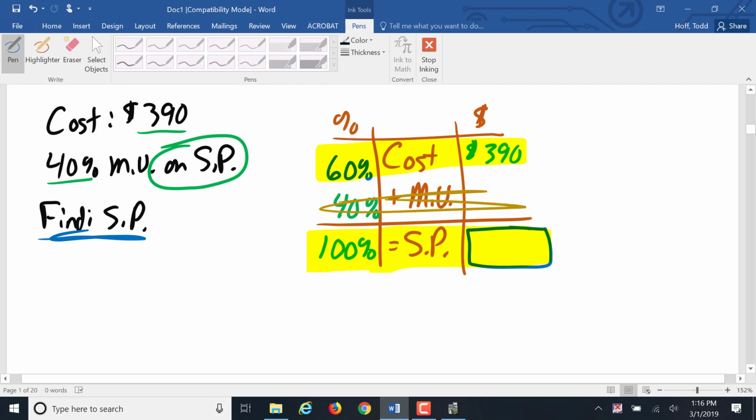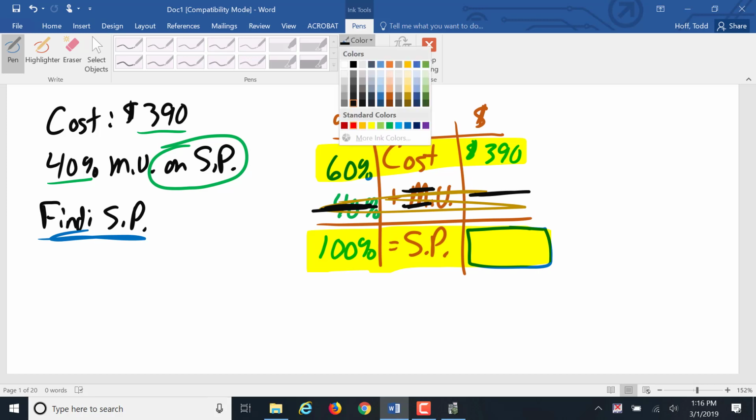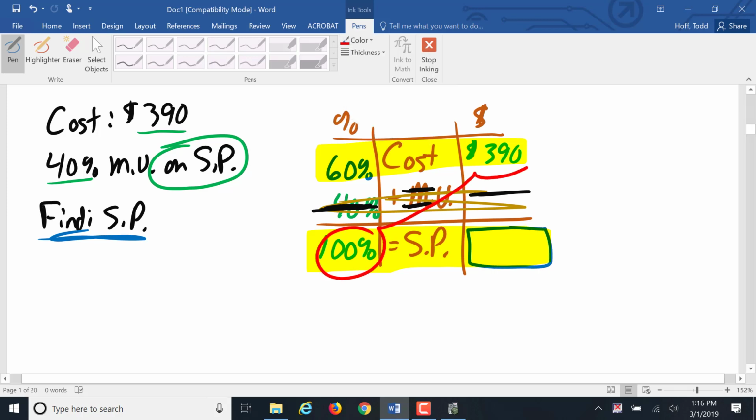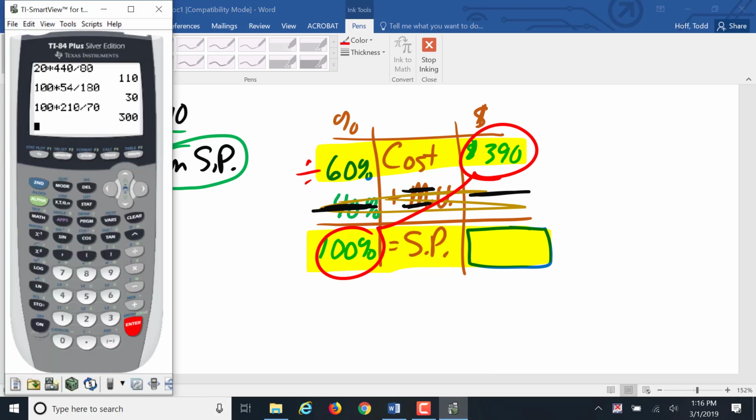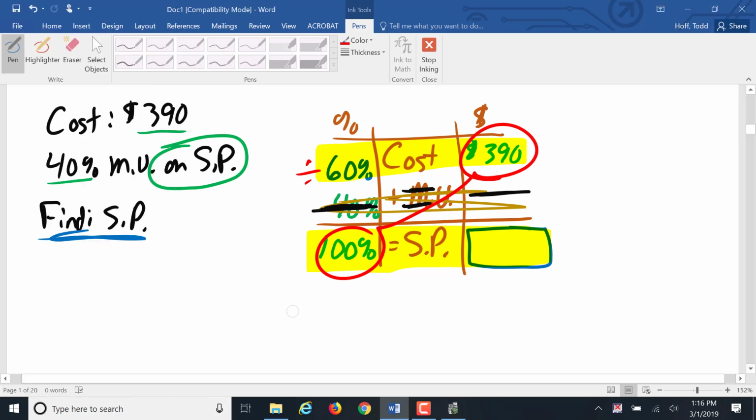So our proportion, we have the 60 over 100 equals 390 over blank, so that's our missing number. So we'll cross multiply 100 times 390 are the diagonals, divided by 60. Giving us $650 is the dollar amount of the selling price.